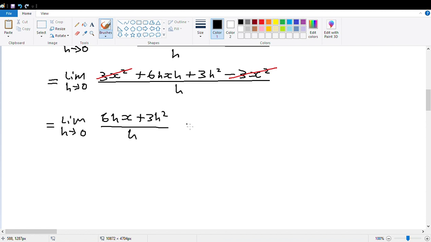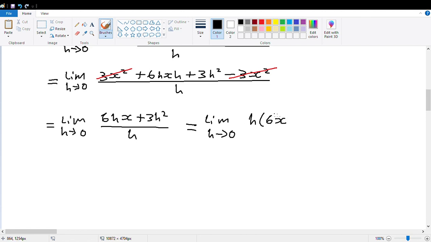So from here onwards, we still have the limit when h approaches 0, and we can factorize the numerator there. Doing so, we can take out h. Therefore, removing h there we will be left with 6x.